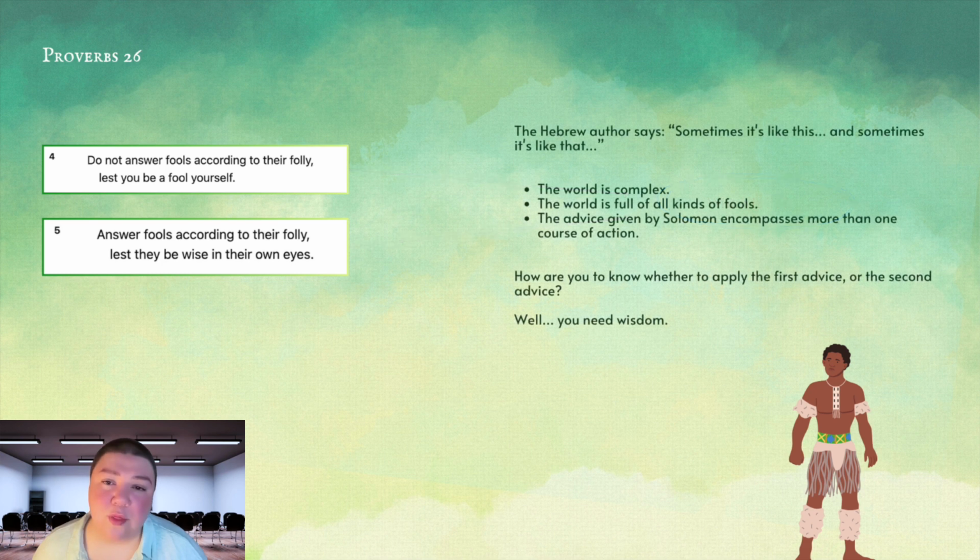The Hebrew author says, sometimes it's like this and sometimes it's like that. The world is complex. The world is full of all kinds of fools. The advice given by Solomon encompasses more than one course of action. And how are you to know whether to apply the first advice or the second advice? Well, you need wisdom.